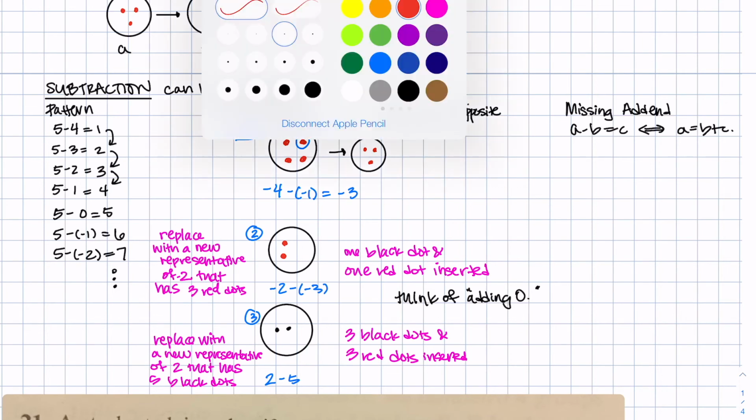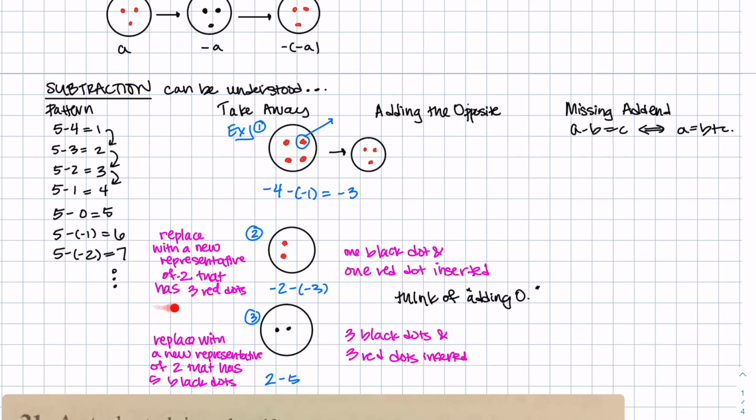So the distinction is, when I think about the takeaway method, for this representation of -2, I have 2 red chips, but I want to find a different representation of -2 that also has 3 red chips. So in order to do that, I'm going to toss in another red chip, but that's no longer -2.